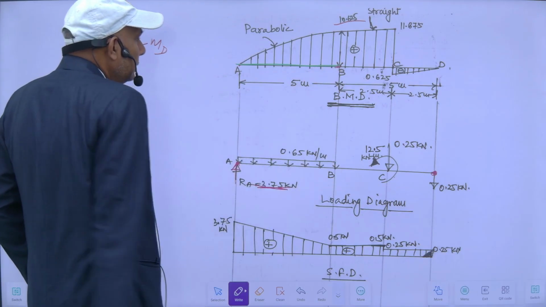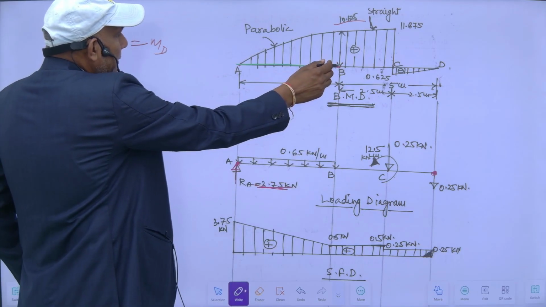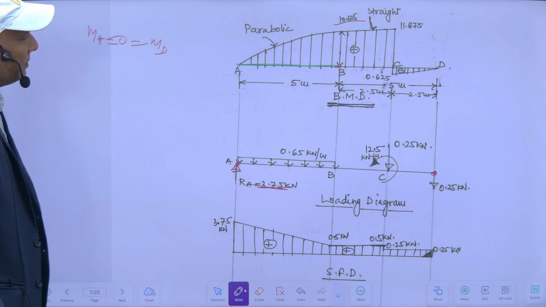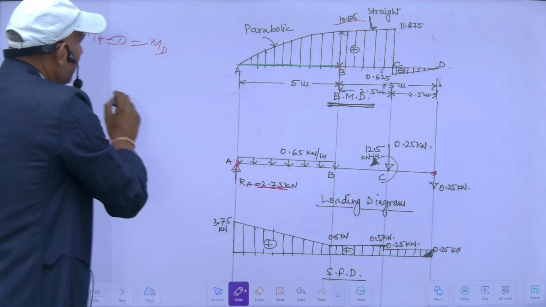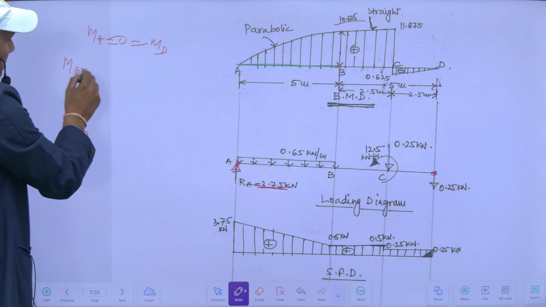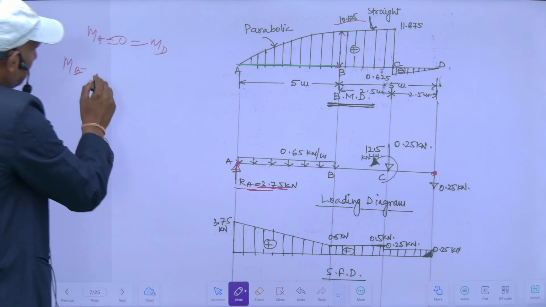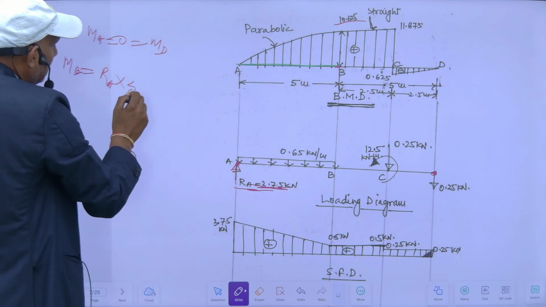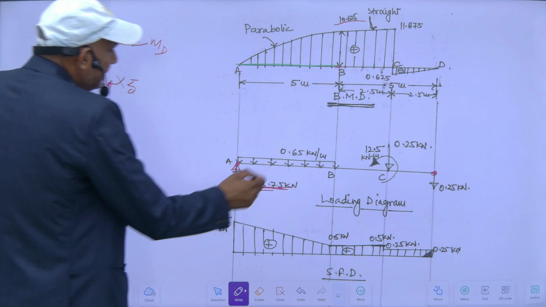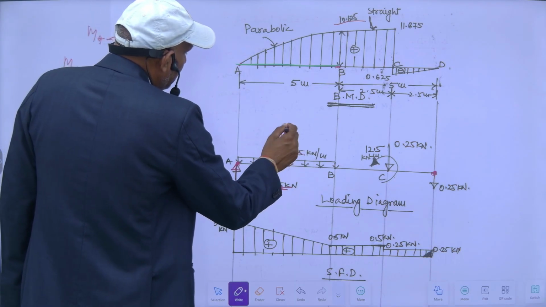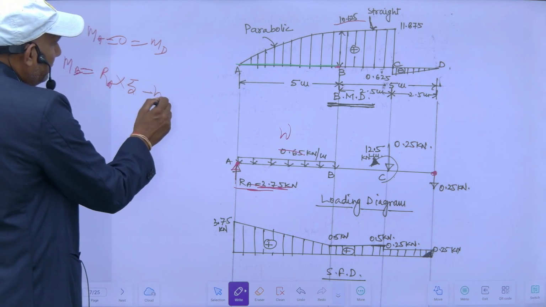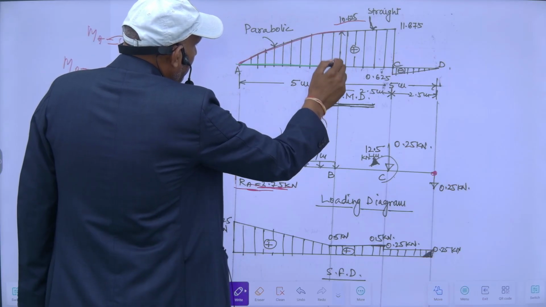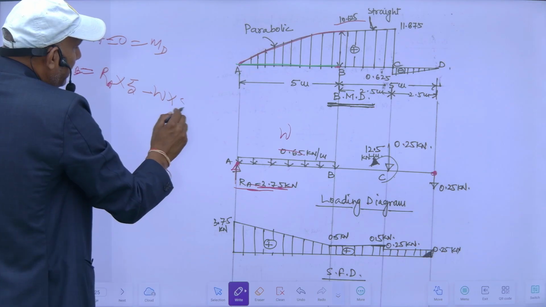It means if I write the equation of bending moment at B, MB will be equal to RA, which I don't know, into 5, minus W, suppose the load intensity which I don't know is W. Since it is parabolic, it means a UDL is acting from here to here, so it will be W into 5 square by 2.